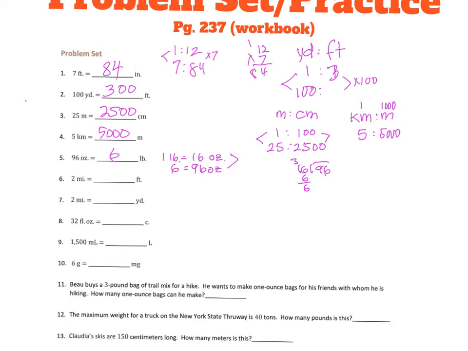2 miles, I got to go back to my conversion chart. 2 miles is how many, okay, so 1 mile equals, and then I've got to go with feet, 5,280 feet. Okay, but it says I have 2 miles.